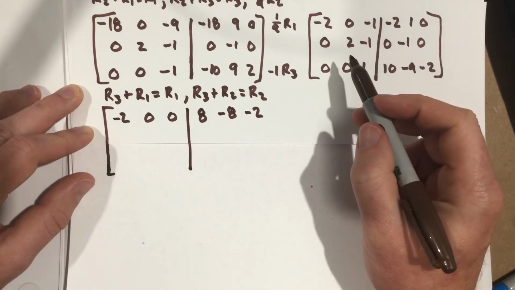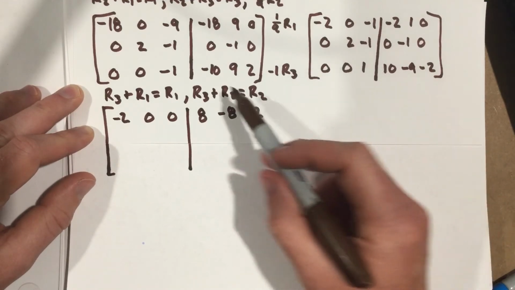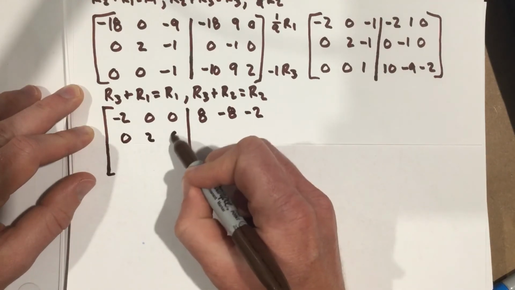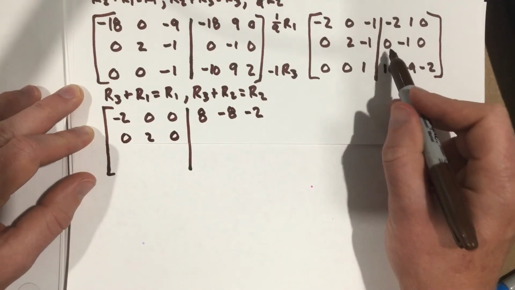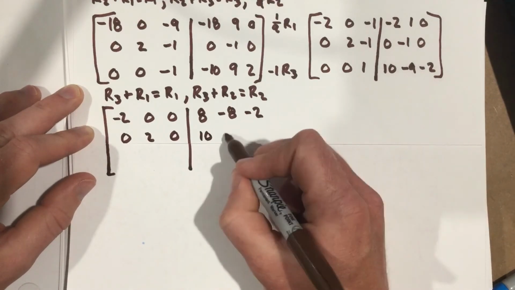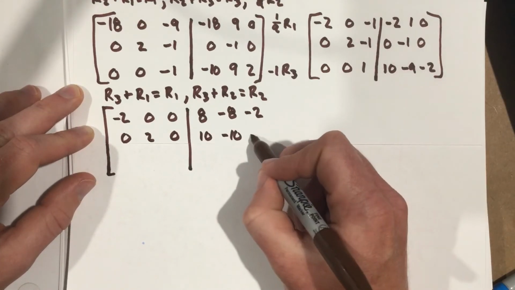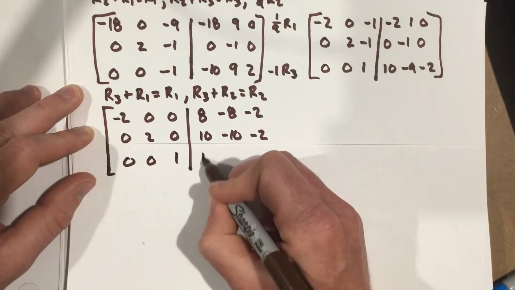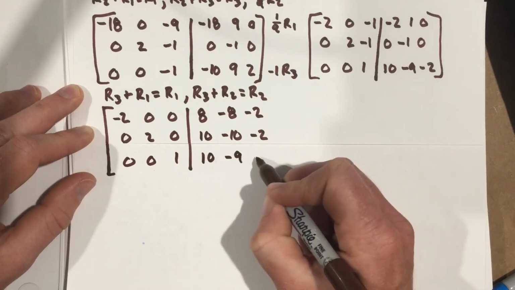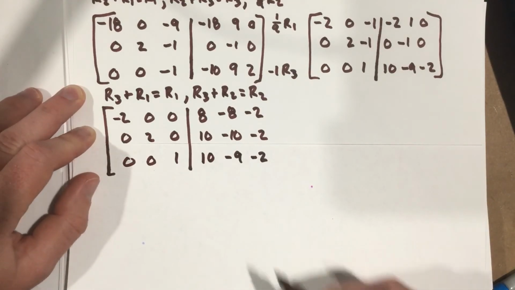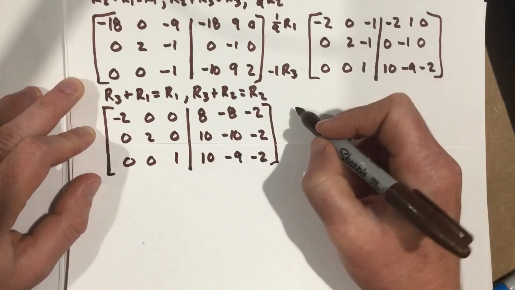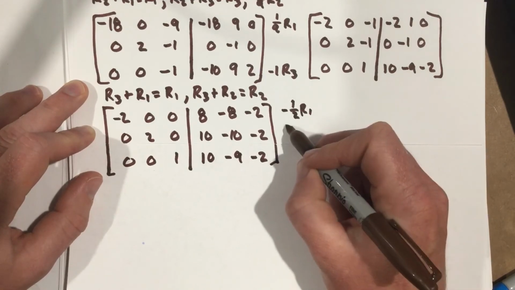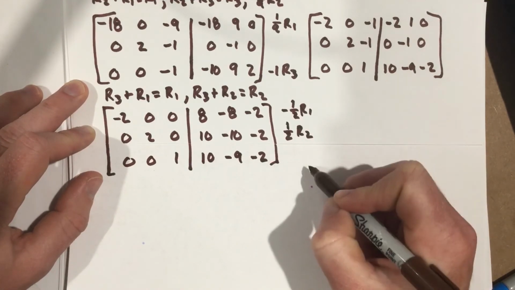And then to the middle row, so 0, 2, 0, this will be 10, negative 10, negative 2. Bottom is going to stay the same, 0, 0, 1, 10, negative 9, negative 2. Last step, we're going to multiply the top by negative 1/2, R1, and the middle by 1/2, R2.